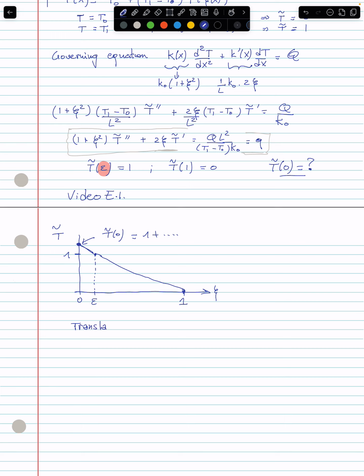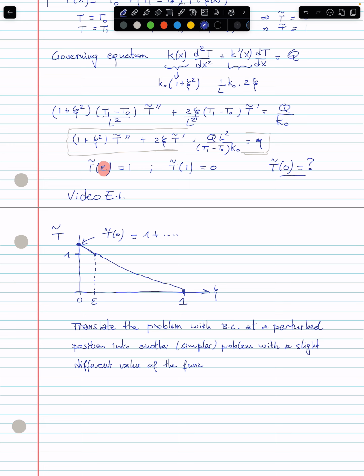Let me just write: translate the problem with boundary condition at a perturbed position into another, and of course, hopefully simpler problem with a slightly different value of the function at a hopefully simpler point or position.